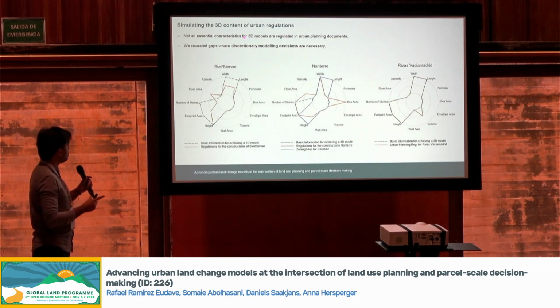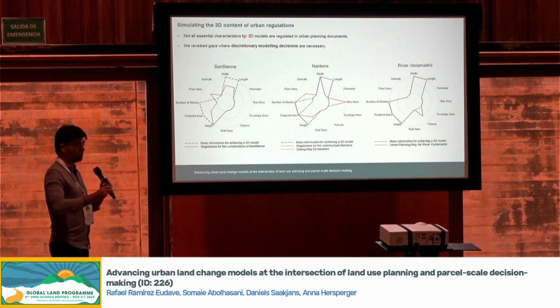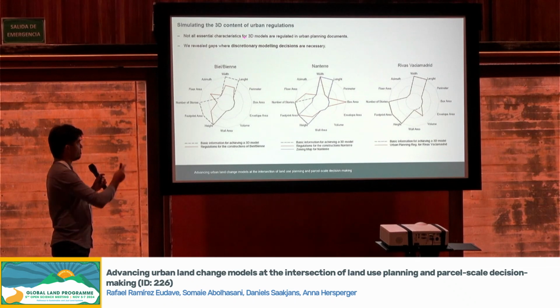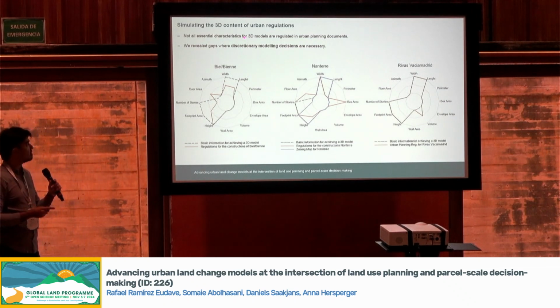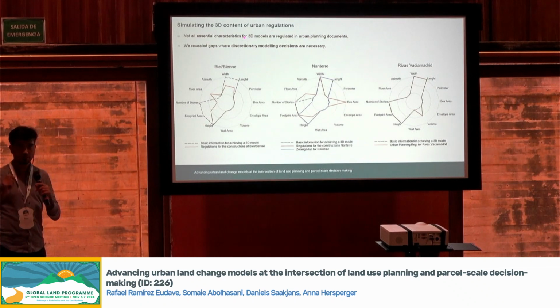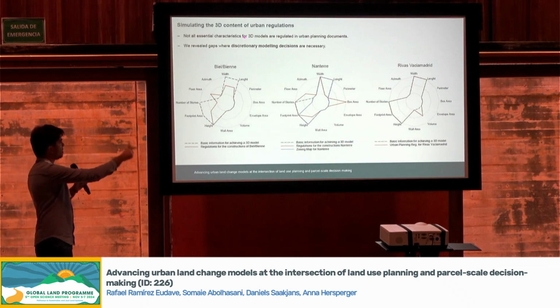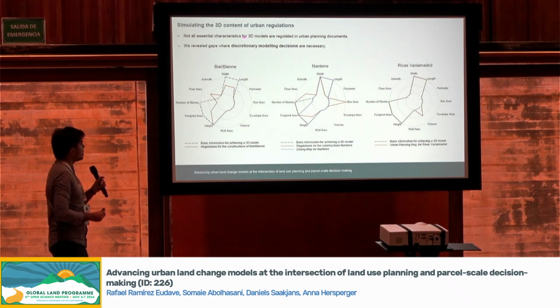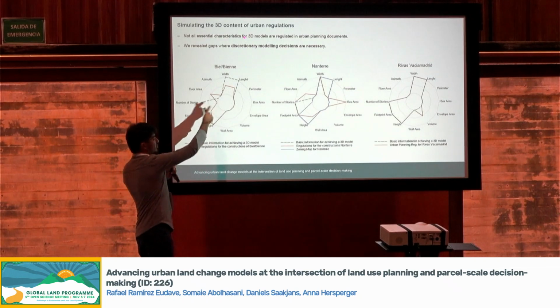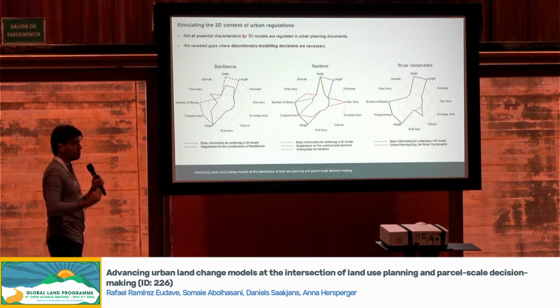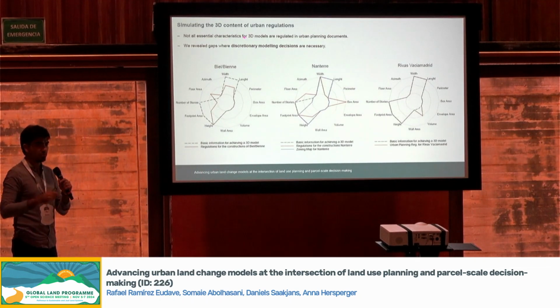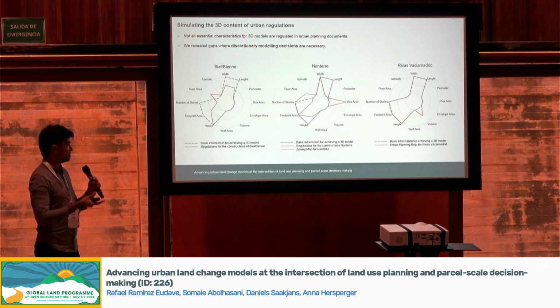So what we did was to look at the regulations of 3 cities, Biel, Nanterre, and Rivas-Vaciamadrid, in order to find how they regulate or not each one of these 12 different characteristics. This dashed line represents the minimum information we need to assemble a 3D model in level of detail 1 for the environments the regulations envision for the future.